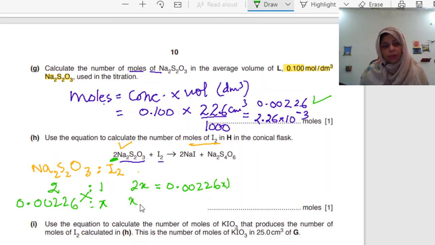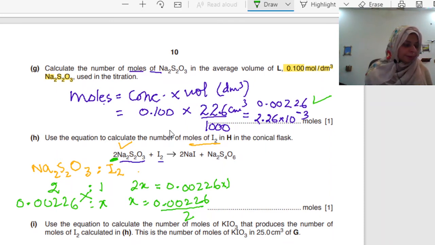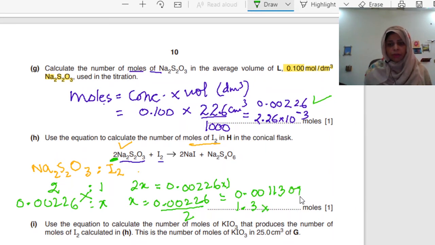Now to calculate x, 0.00226 divided by 2. After dividing these values, the answer is 0.00113, and you can write it like this, 1.13 into 10 raised to power minus 3.